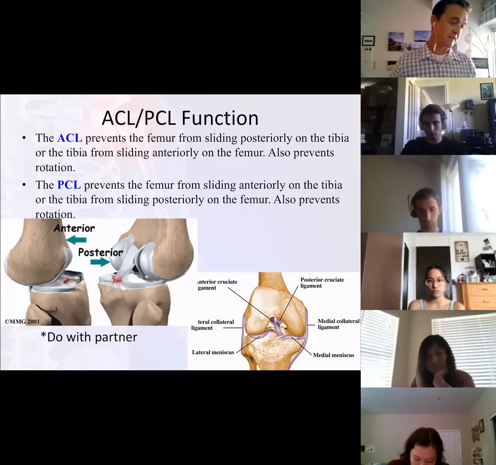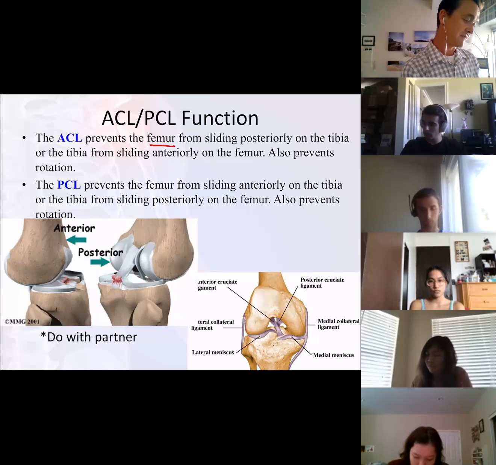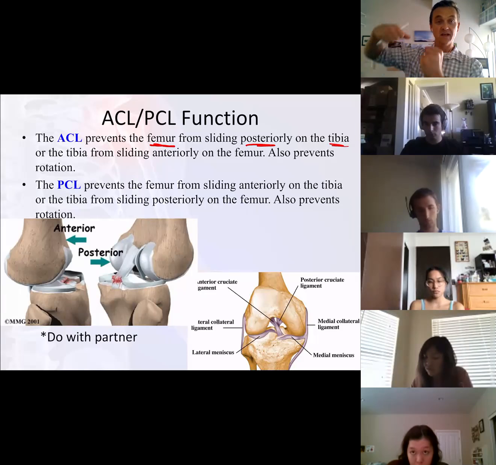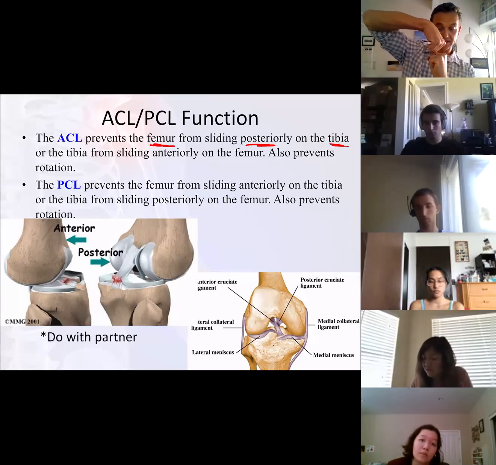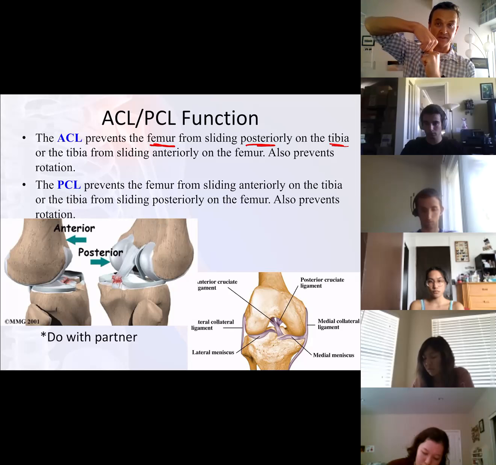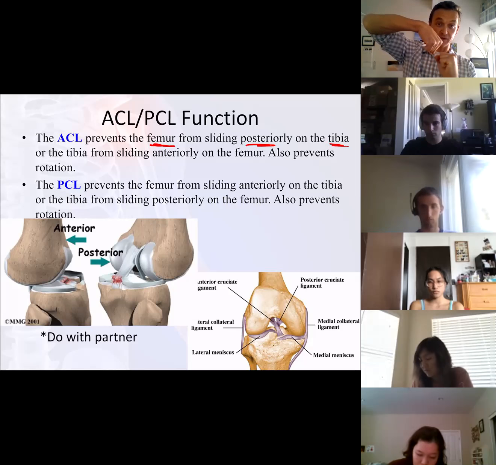The ACL prevents the femur from sliding posteriorly on the tibia. Okay, so in that case, we got our tibia here, our femur here. The ACL is going to make sure that the femur doesn't go backwards. But that's actually the same thing, as far as the ACL is concerned, as the femur being stable and making sure that the tibia doesn't go forwards, right?